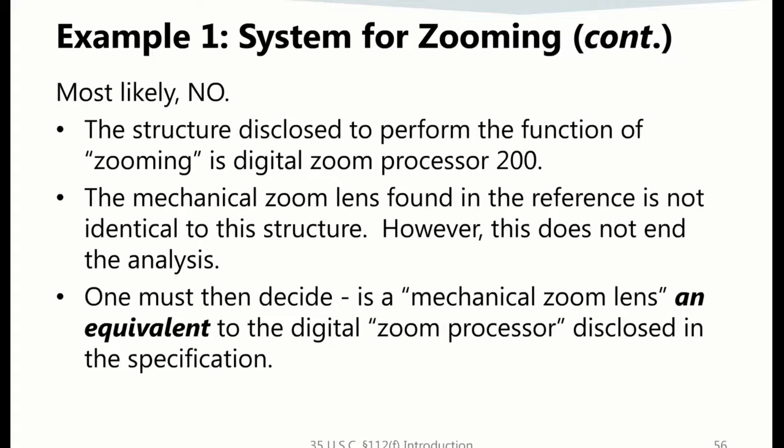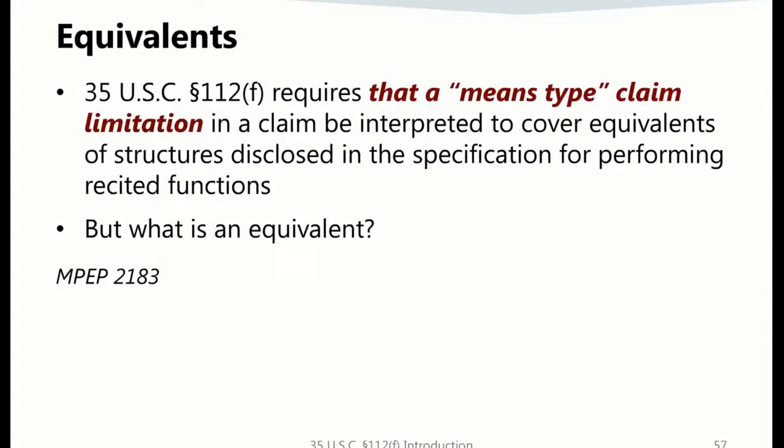The mechanical zoom lens is not identical to the digital zoom processor, but are they equivalent? 35 U.S.C. 112(f) requires that a means-type claim limitation be interpreted to cover equivalents of structures disclosed in the specification for performing recited functions. But what is an equivalent?